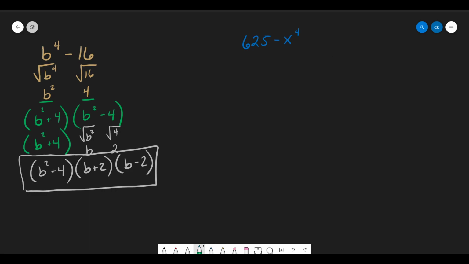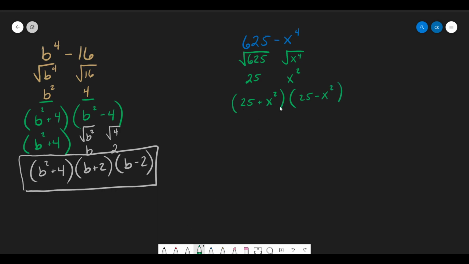Meaning, if I were to take the square root of 625, I'm going to end up getting 25. If I were to take the square root of x to the 4th, I would get x squared. So they are both perfect squares, meaning I get to put them inside the parentheses. So it's going to be the first term plus the second one, and then the first term minus the second one.